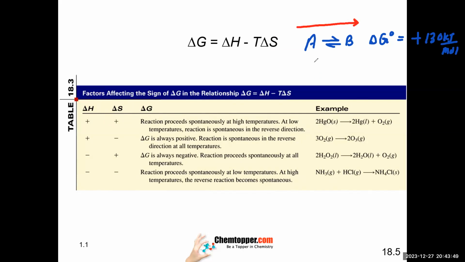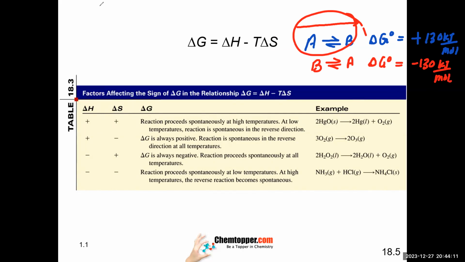The same process is spontaneous in the reverse direction. If I write this reaction in the reverse manner, delta G naught will be minus 130 kilojoules per mole. So a process which is non-spontaneous in one direction will become spontaneous in the reverse direction.